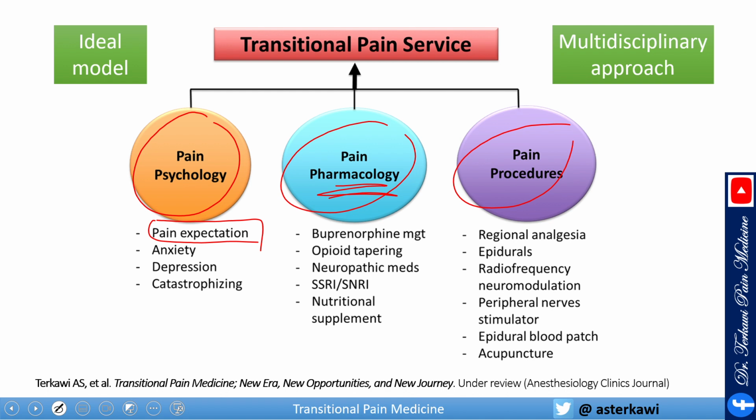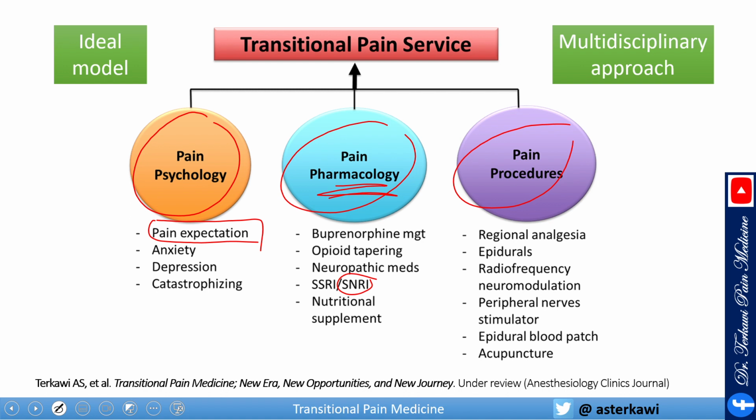Some nutritional supplements, maybe an SNRI like duloxetine, again needs time to build in and help the system. So for example, if you have a patient with baseline anxiety going for surgery who has other risk factors to develop chronic post-surgical pain and may develop neuropathic pain, it might be wise to start an SNRI a few days before the surgery.